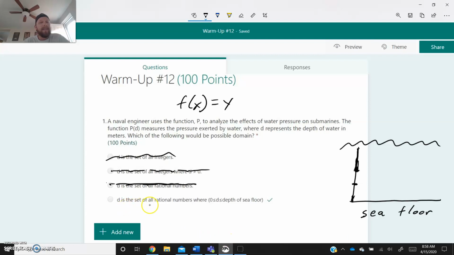And the last one is D is the set of all rational numbers where 0 is less than or equal to D, and D is less than or equal to the depth of the sea floor. So what this last one is saying is this is 0, this is the sea floor down at the bottom, and everything in between here is what it represents. So that's going to be my answer.